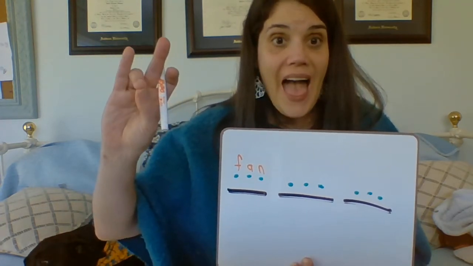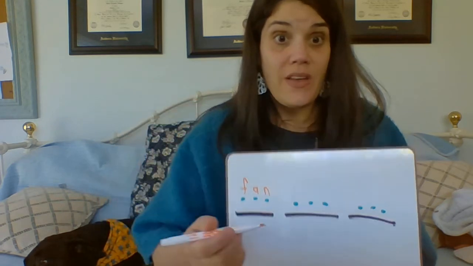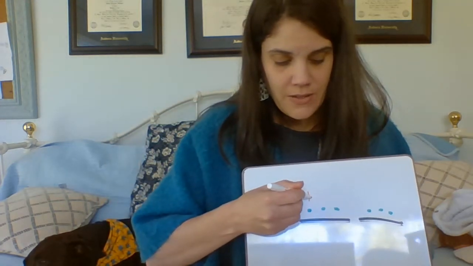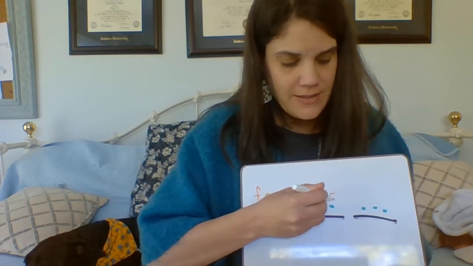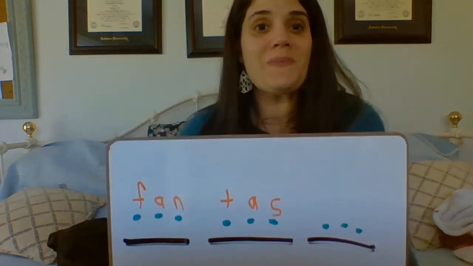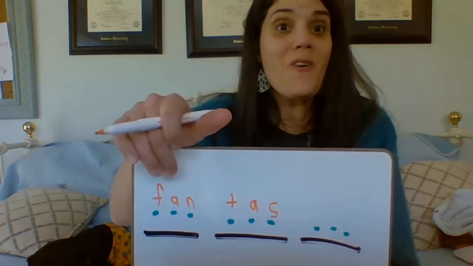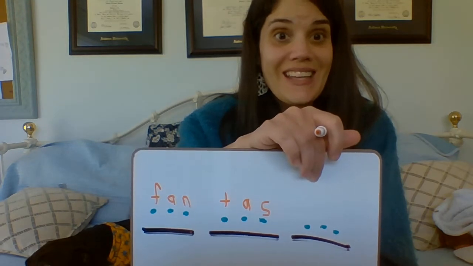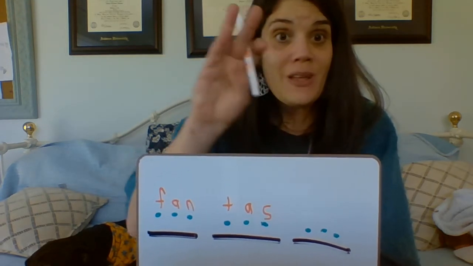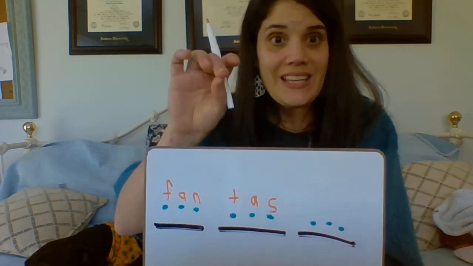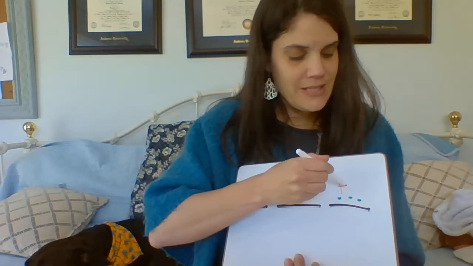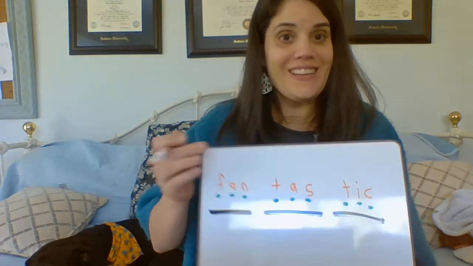T, a, s. Let's write the letters that make those sounds. T, a, s. Great job. And what's my third syllable? Fantastic. 3 sounds. Let's tap them. T, I, k. T, I, k.